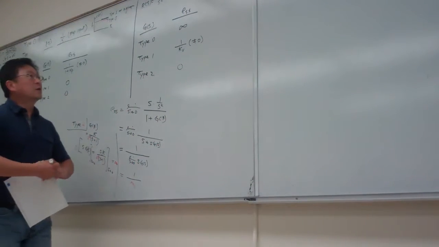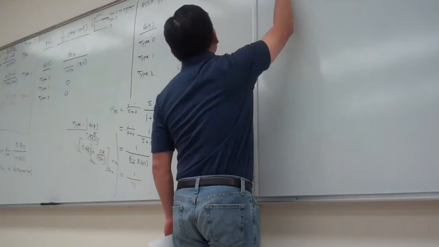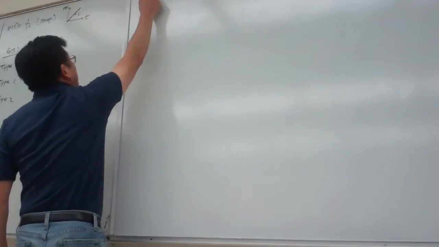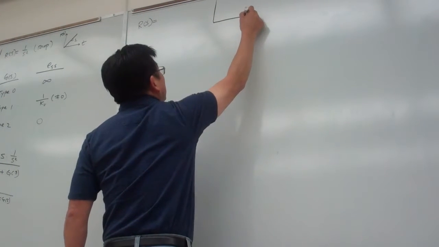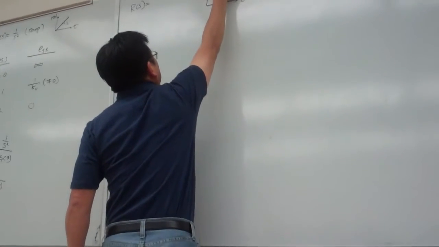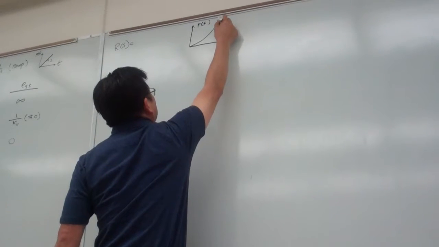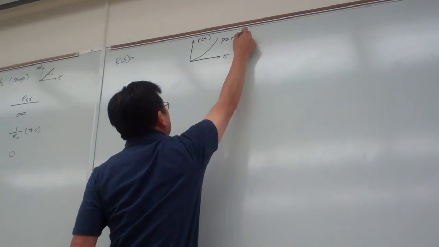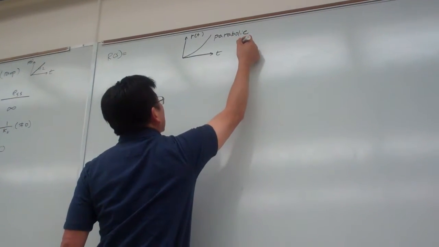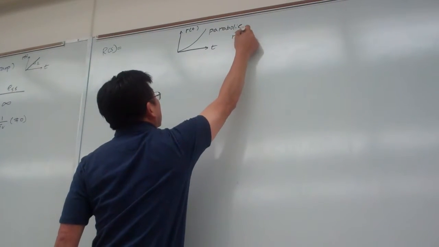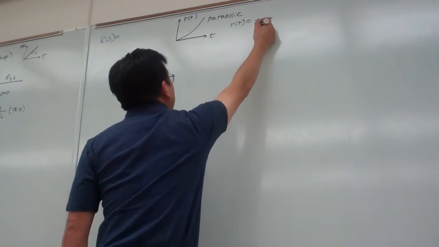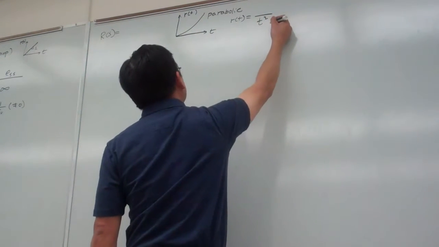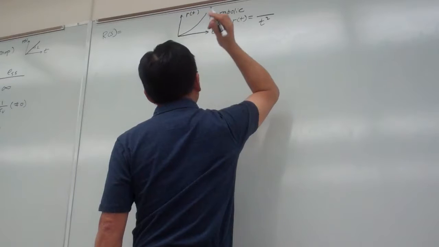Okay, we can move on to one more example. For example, let's say Rs is this and this is R2. Say this is a parabolic input, which means RT will be equal to T squared, 2 over S cubed.